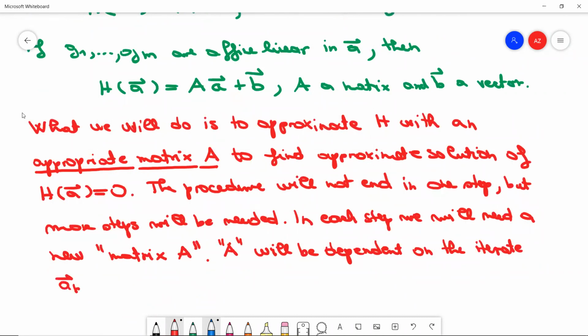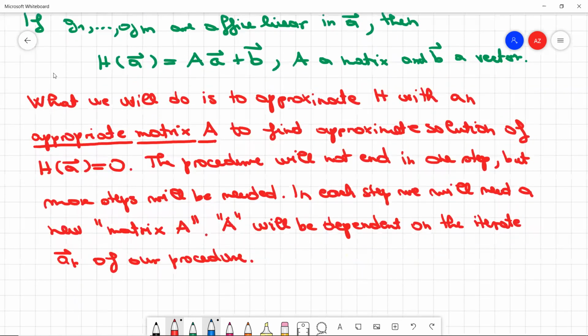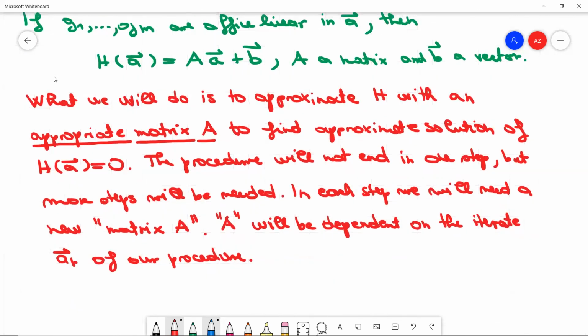So this A_k means this is the vector in the k-th step of our method. And this vector will then determine what's the next A. Okay, and we will shortly see what's the candidate for A.